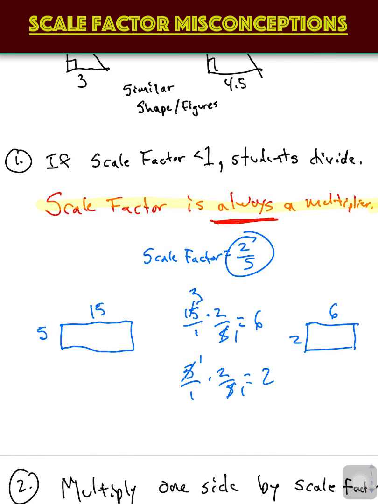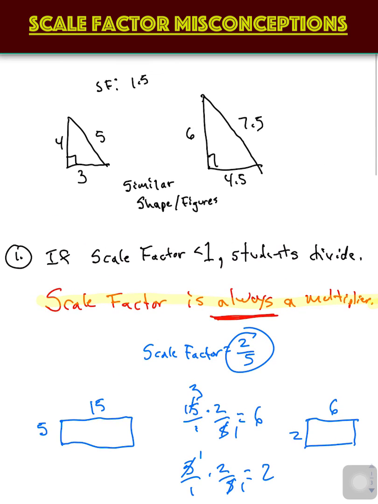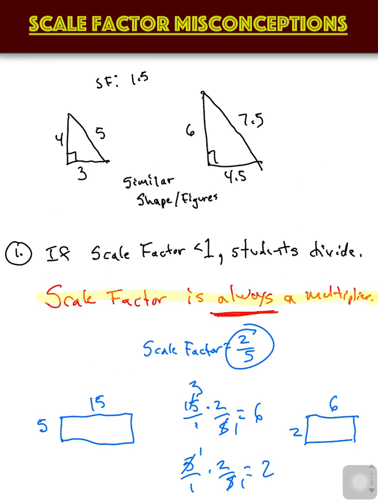The other one is, if the scale factor is less than 1, don't divide. Scale factor is always a multiplier. Remember that multiplication has a reducing effect if we're multiplying by a number less than 1. That's about it. Hopefully these tips are helpful.